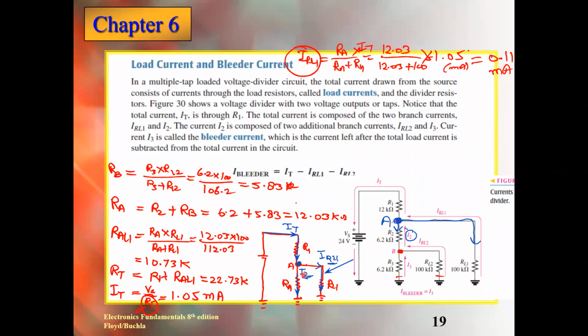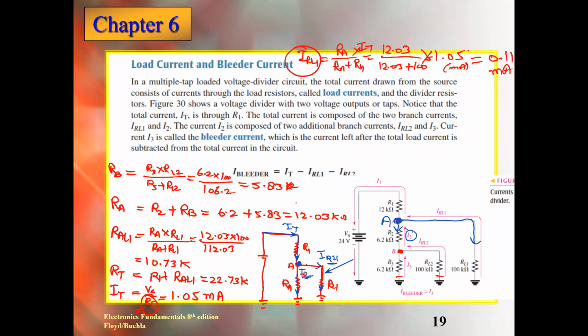Which formula should I apply in order to calculate? Same formula, but with IR1 above. So you want to apply current divider rule again? Okay, we can do what you said, but we have another easy way also.